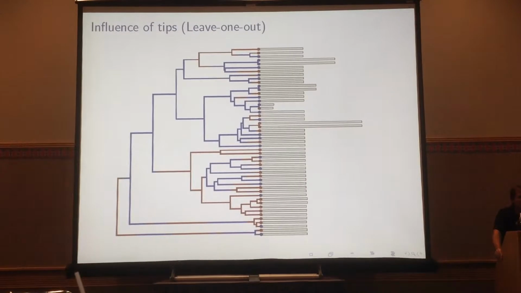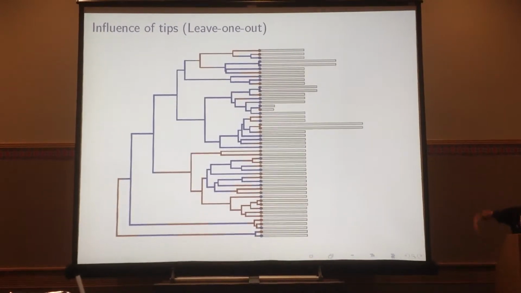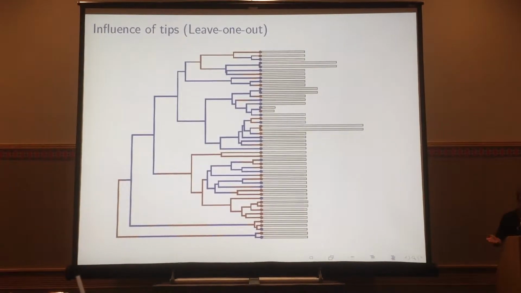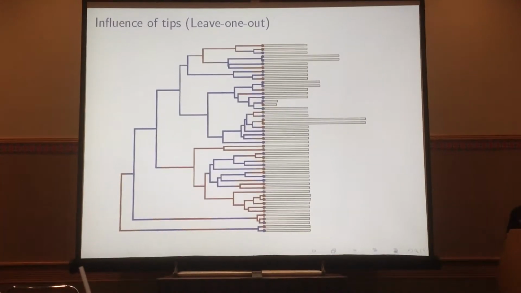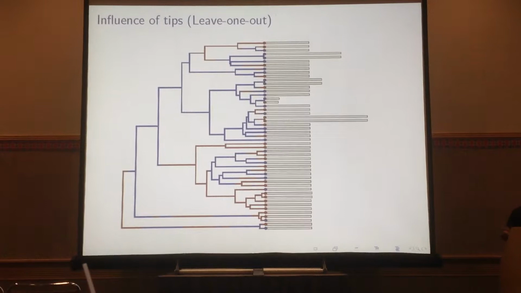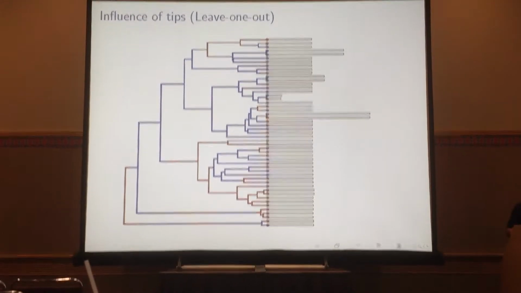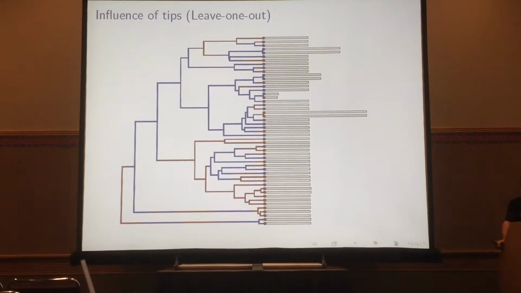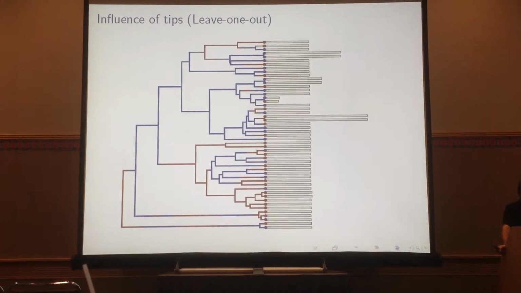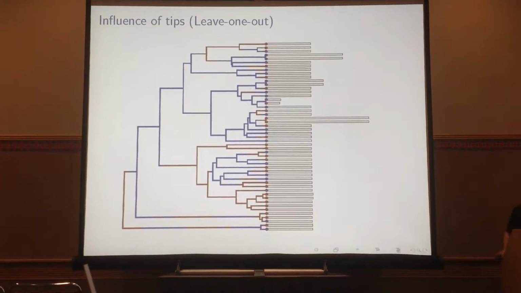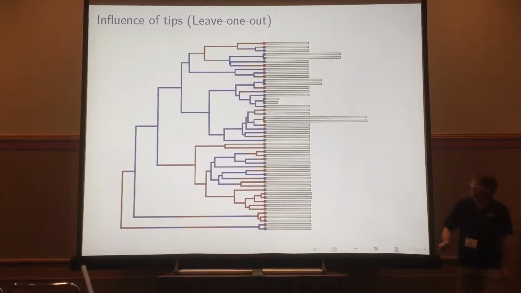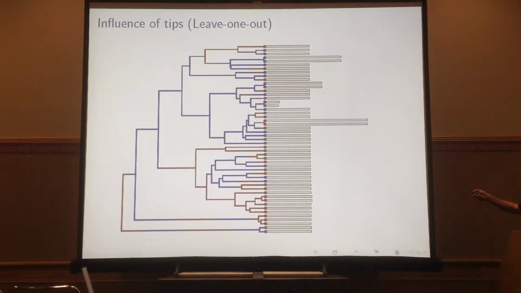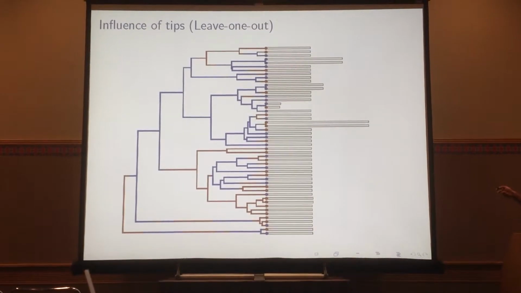We can easily see that if we prune away each tip, most of the time it doesn't matter, but it matters for three or four positions. And that's, again, all our cherries.